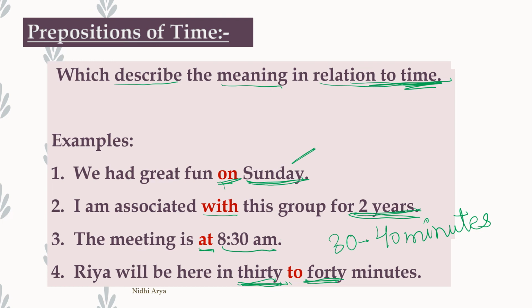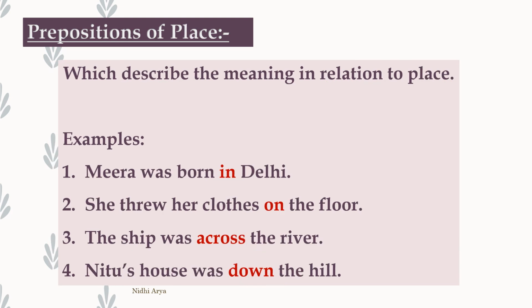As we have seen in that note too कि prepositions एक दूसरे की जगह use हो सकते हैं, तो उसमें time भी बता सकता है वो, place भी बता सकता है. So if we are talking about on, let's see in the next slide.